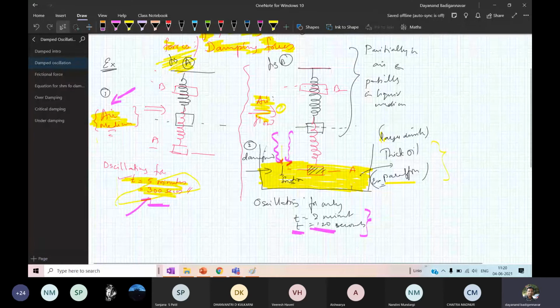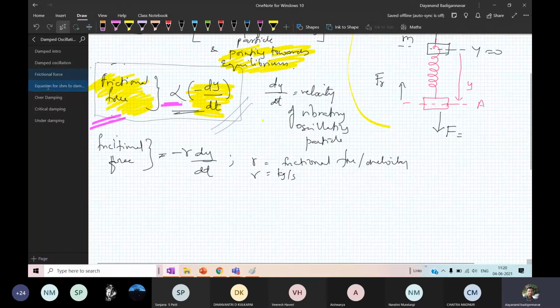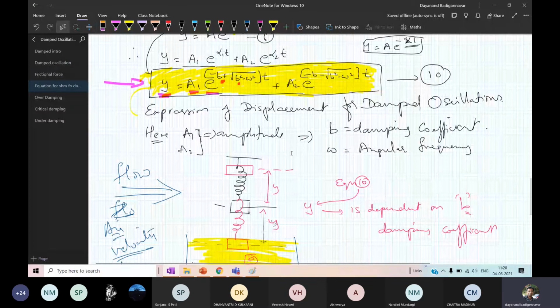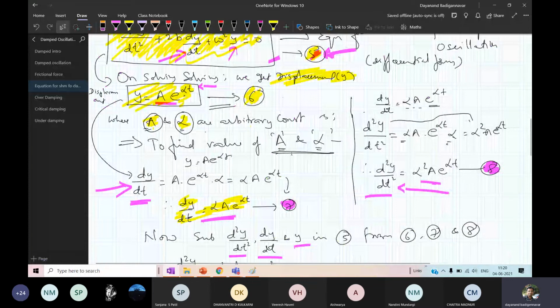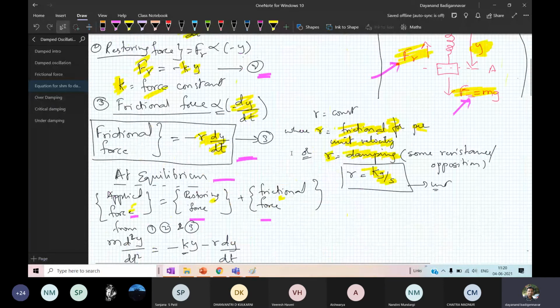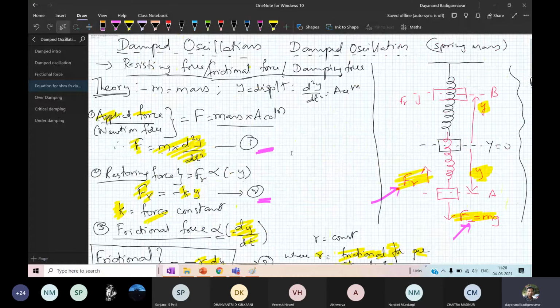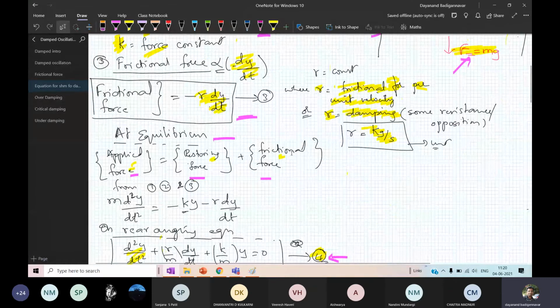We derived the equation for SHM, a very simple equation. It is similar to free oscillations, but I have to add the frictional force to it. After that, I find the equation for the SHM, then find the value of y, then the analysis. This is equation 10, which gives you the amplitude.